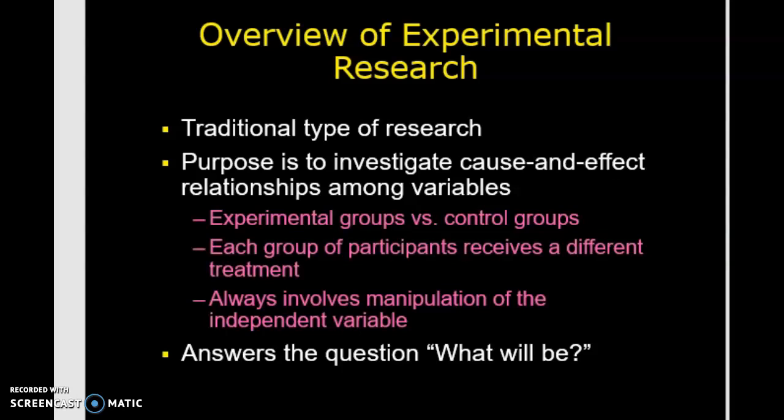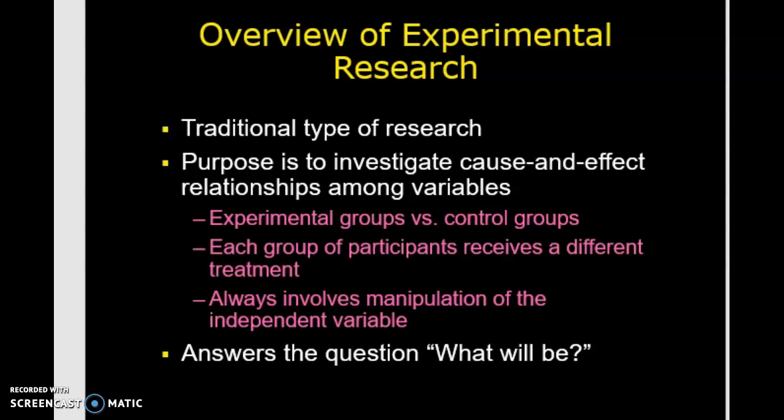The first group will be the experimental group, which would receive treatment with this new drug, whereas the control group will receive what we call a placebo, an intervention that is not the drug, that may look like a sugar pill. In some instances, they may not receive anything.